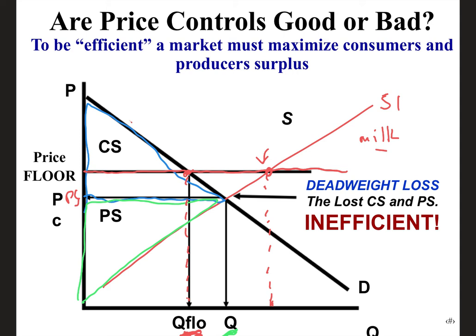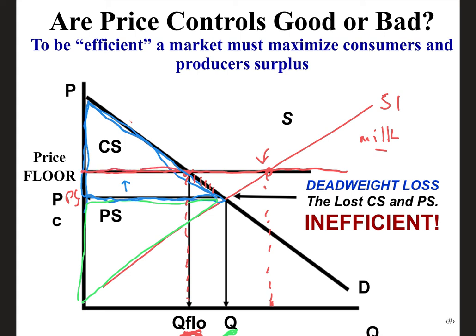Well, if we look before, the blue outline here was the total maximum consumer surplus. Once we raise the price to the price floor, we actually get a higher price. So some of the folks on the demand curve are now going to be out of luck from getting the good because they're not willing to pay that higher price.